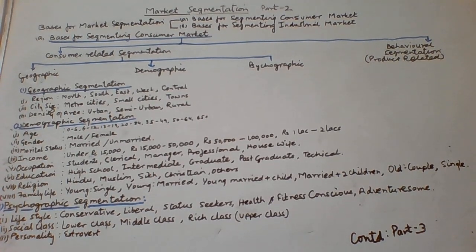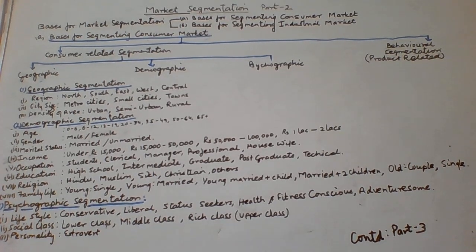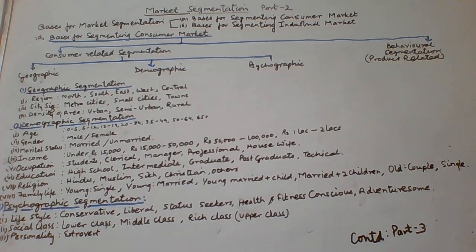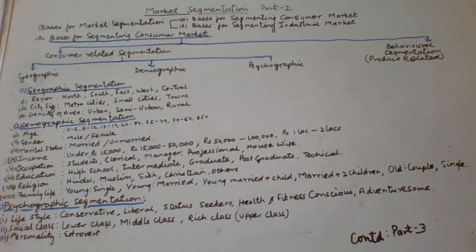The second variable is demographic segmentation. Demographic segmentation is related to the profile of the individual customer, and to come to a conclusion about a single person or a group of people whom we want to cater to.